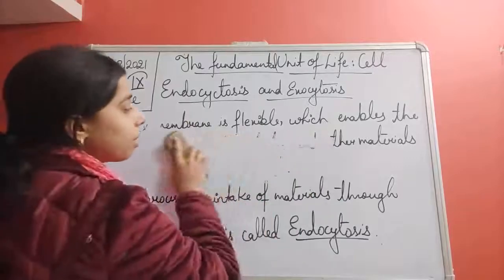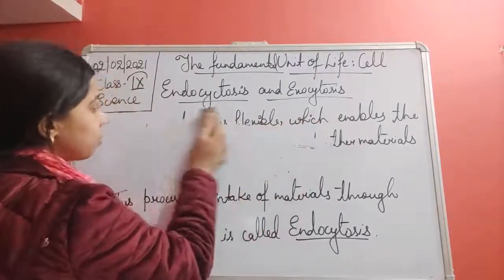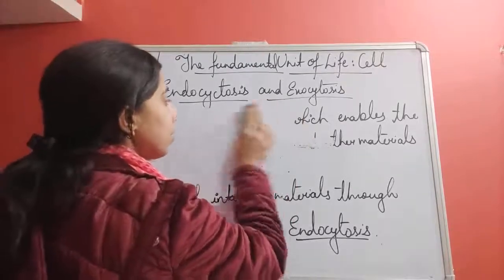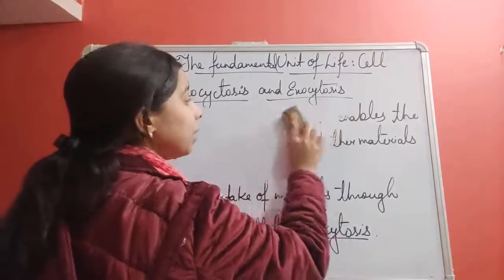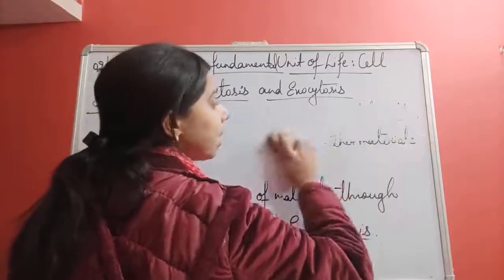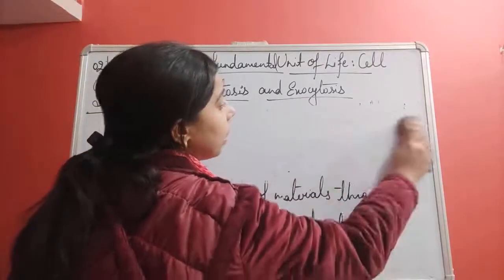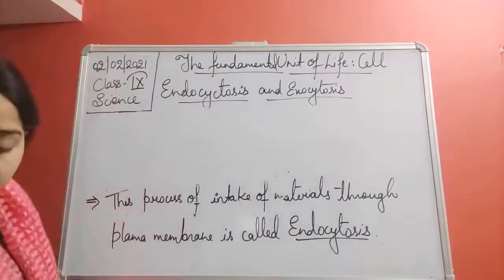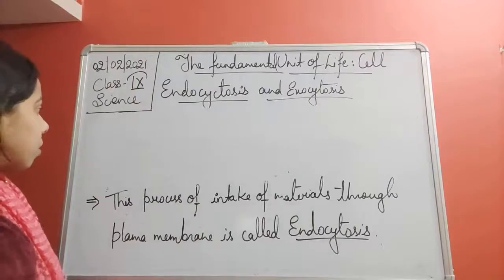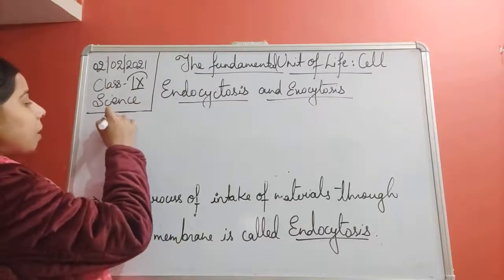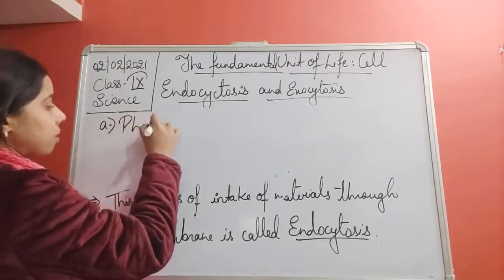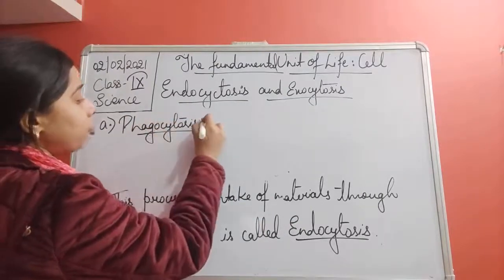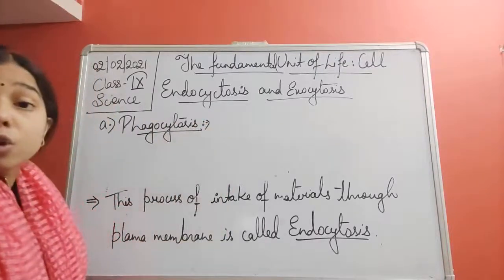This process of engulfing the food material inside is called endocytosis. Inside, that is why the name is endocytosis. Now this endocytosis is also divided into two: phagocytosis and pinocytosis. First of all, I am going to write about phagocytosis. Phagocytosis is what, students? It is the case in which the food particle is in the form of a solid.